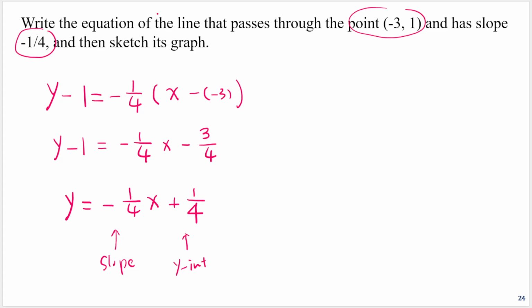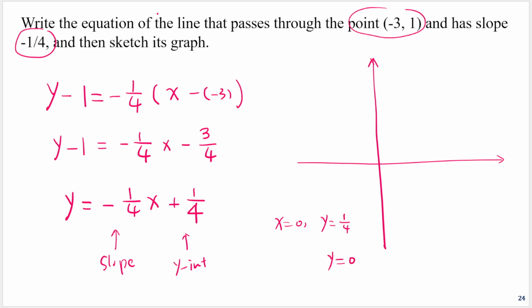And to sketch this graph, usually, if you want to sketch a graph, as long as you can find its x and y-intercept and connect these 2 points, that will give a sketch of that graph, right? So first of all, when x equals 0, y equals 1/4. And when y equals 0, we have x equals 1, right? Therefore, it crosses the points (0, 1/4) and (1, 0), which is here.